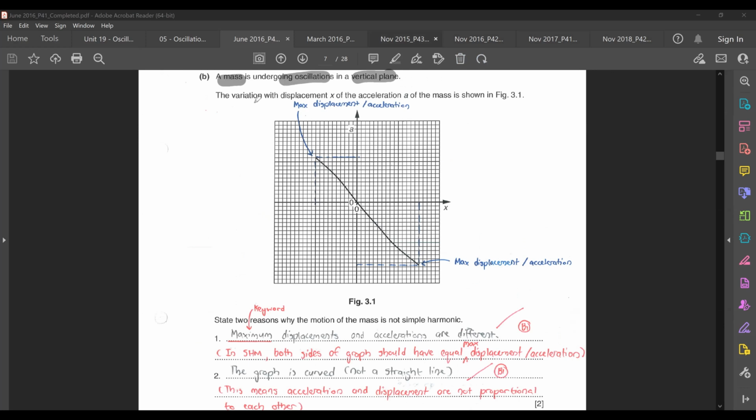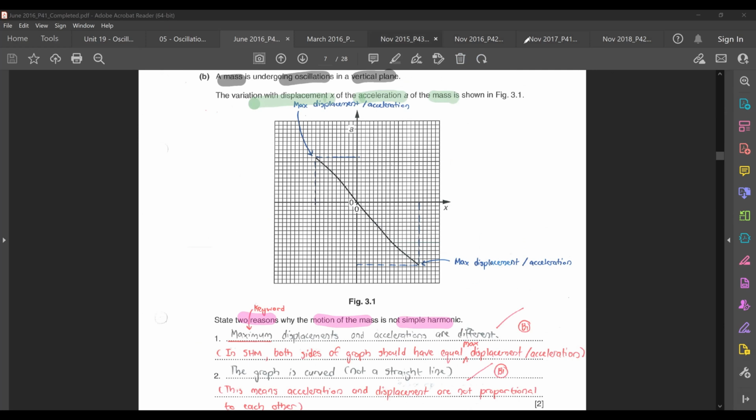The variation with displacement x of acceleration a of the mass is as shown. Suggest two reasons why the motion of the mass is not simple harmonic in the first place.